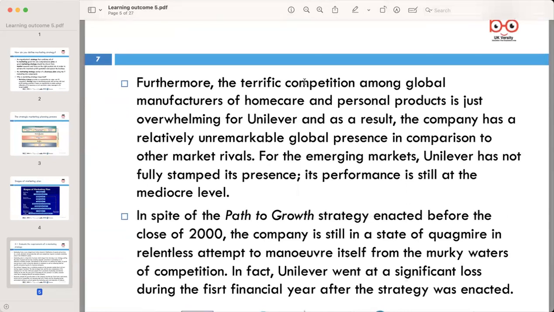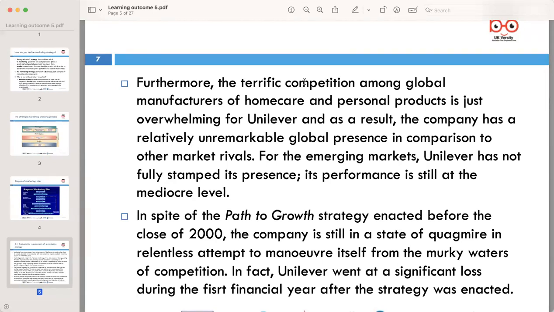Unilever faces intense competition from global manufacturers of home care and personal products. This competition has posed significant challenges, and Unilever's global presence is less remarkable compared to its competitors. In emerging markets, Unilever has not fully established a dominant presence, and its performance remains at a moderate level.